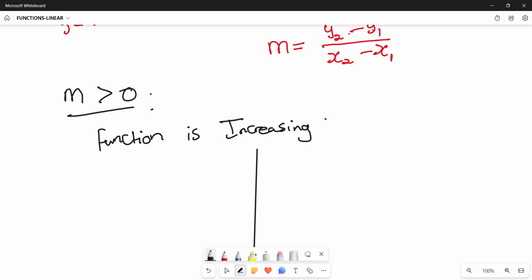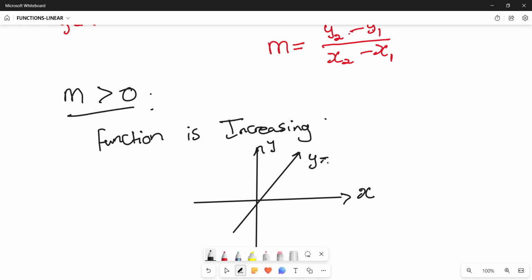We'll draw it in our axes, the Cartesian plane. If our function is increasing, suppose that's f, this is how our function will increase. If our gradient is positive, then this is how our function would look. This is when our gradient is positive.